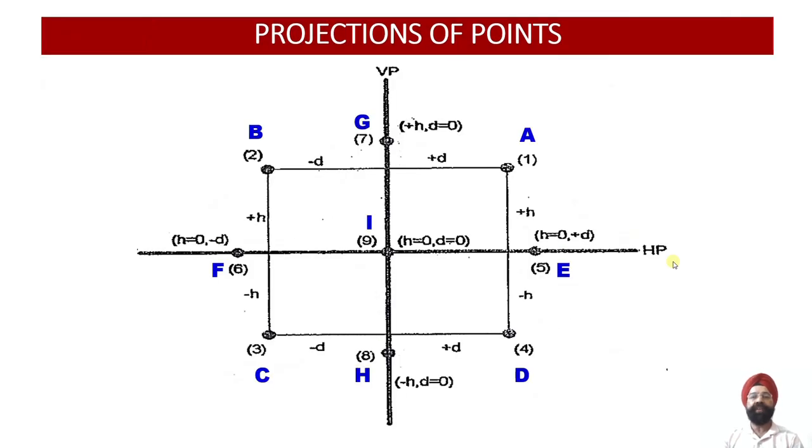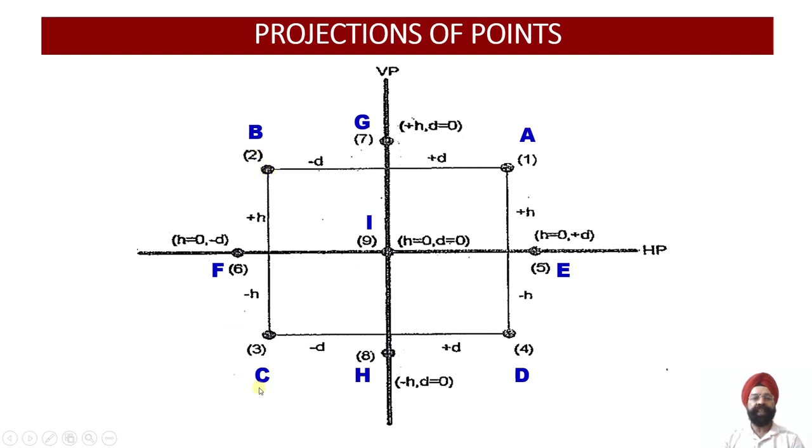Here you see we can work out different orientations in which a point can lie. In this figure, point A or 1 lies in the first quadrant because it lies above HP and in front of the VP. This is the 2D representation. The second case is point B, which lies behind the vertical plane and above the horizontal plane, so it lies in quadrant number 2.